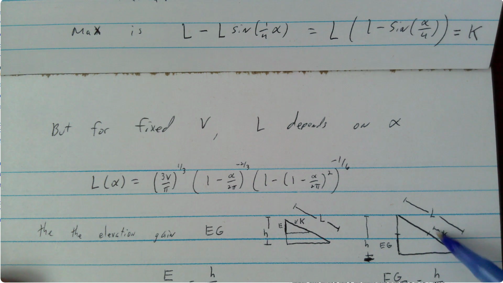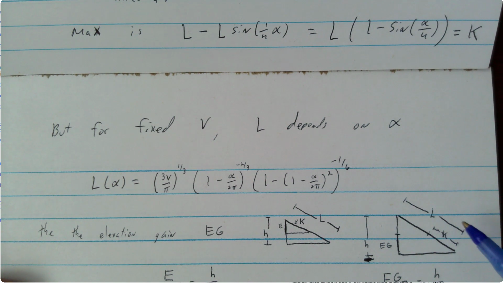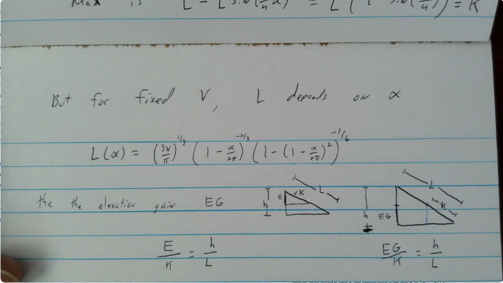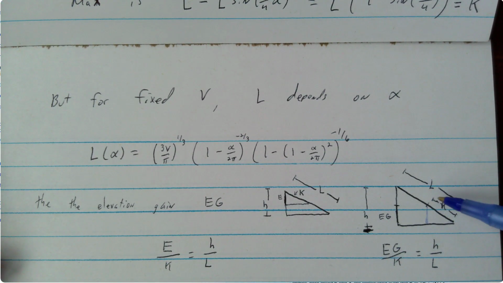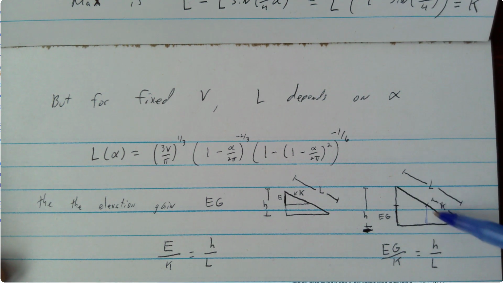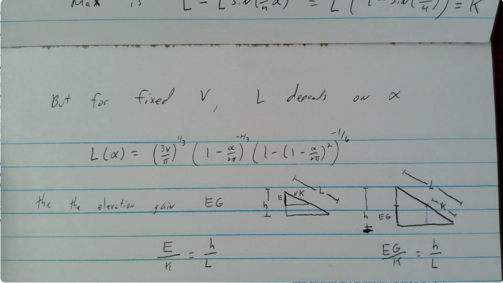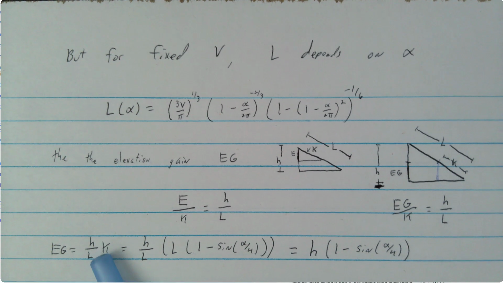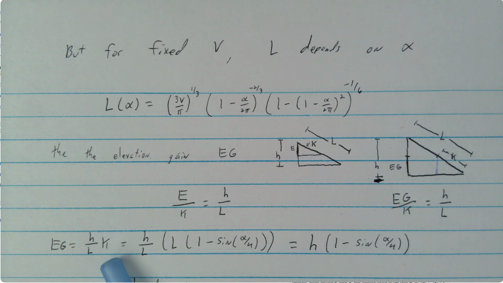So we just found the K right here, and now by similar triangles, the elevation gain, this vertical amount, over this hypotenuse K, is going to equal the height of the finished cone over L of the finished cone. So I need to know the height of the finished cone. So my elevation gain will be H over L times the K.